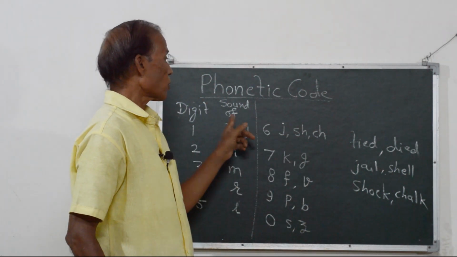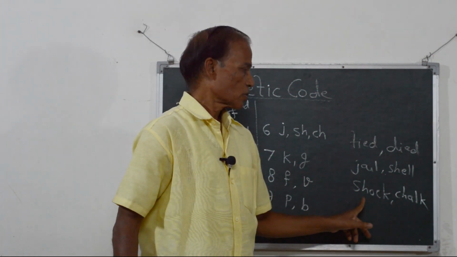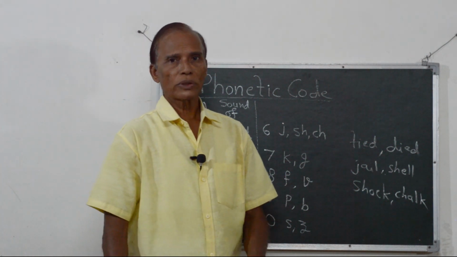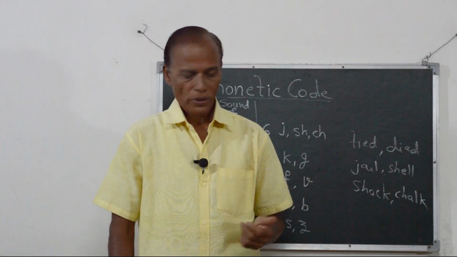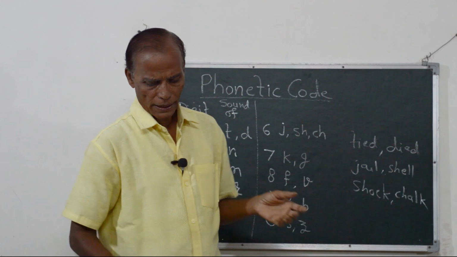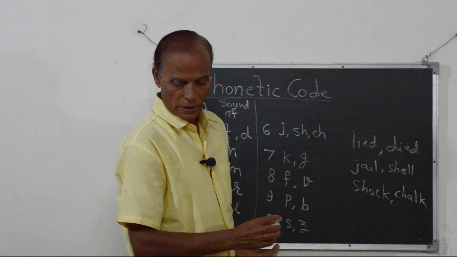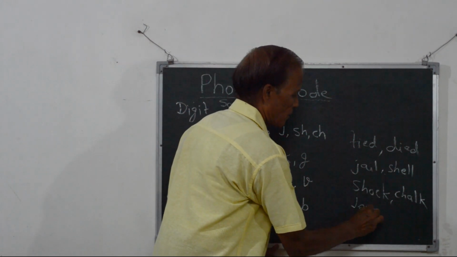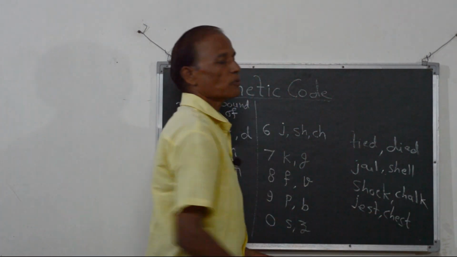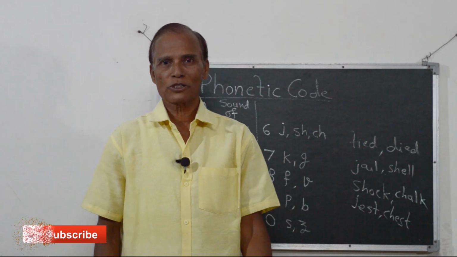When I say the sound of CH, here is the sound of CH, chalk, shock, chalk. Just try to pronounce and you will come to know that they have the same type of phonetic expression. One more thing I will suggest between J and CH, the words jest and chest. Try to pronounce jest, chest. So the tongue will be at the same place for both these words.